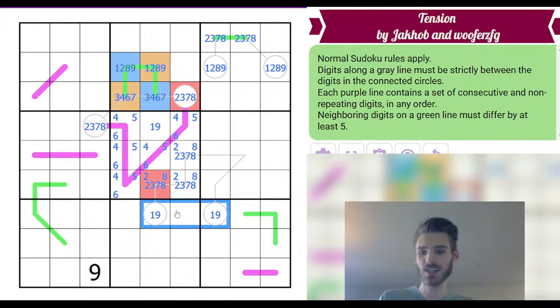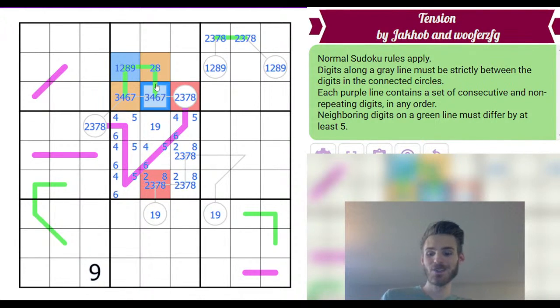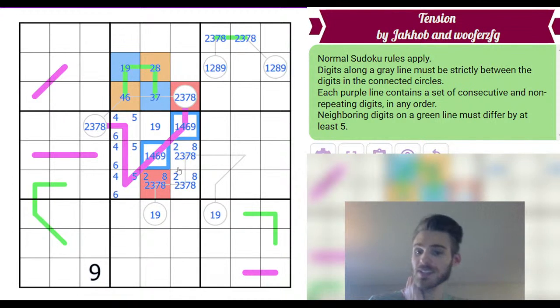Okay, so there's a 1, 9 here, which gives a 1, 9 pair, which means this is not a 1, 9, which means that this is not a 4, 6, which means this is a 4, 6, 1, 9. And remember 2 seconds ago, I said if this is a 4, 6, 1, 9, then these 2 cells are 4, 6, and 1, 9. So we can label those as 4, 6, and 1, 9.